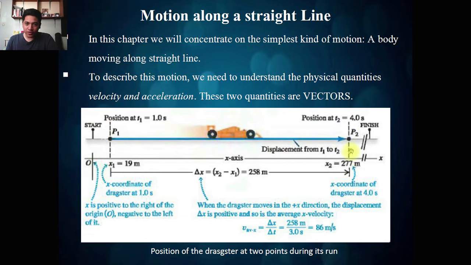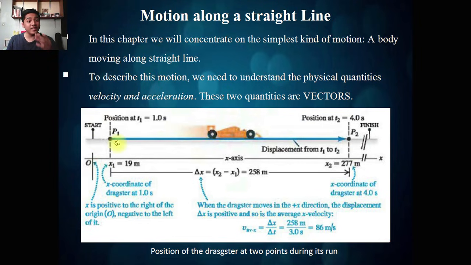But if the dragster, after it reached position 2, goes back to the starting point, the displacement is 0, because the initial position is the starting point, 0. The final position is still the starting point, 0. So 0 minus 0 is still 0. So we don't have any displacement.